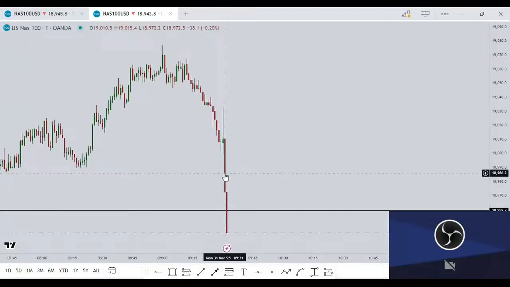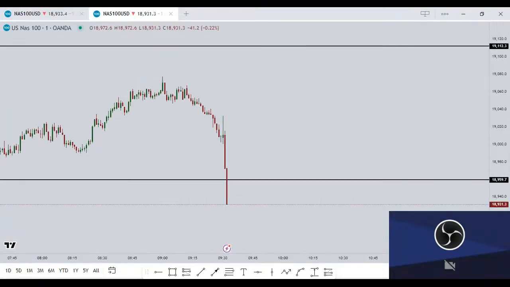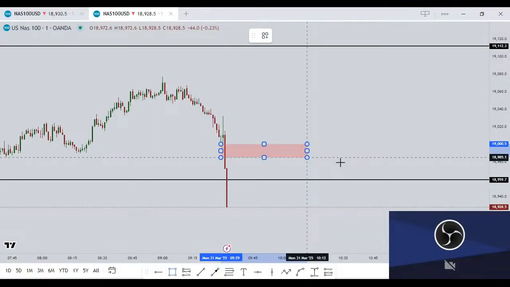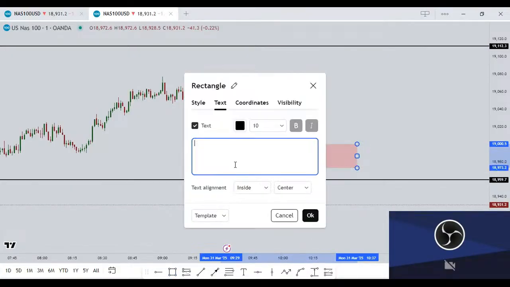And this is our first presented fair value gap right over here. So perhaps this can be a potential inversion. Because I'm bullish, I want to see the market attracted towards that gap, the weekly open gap.